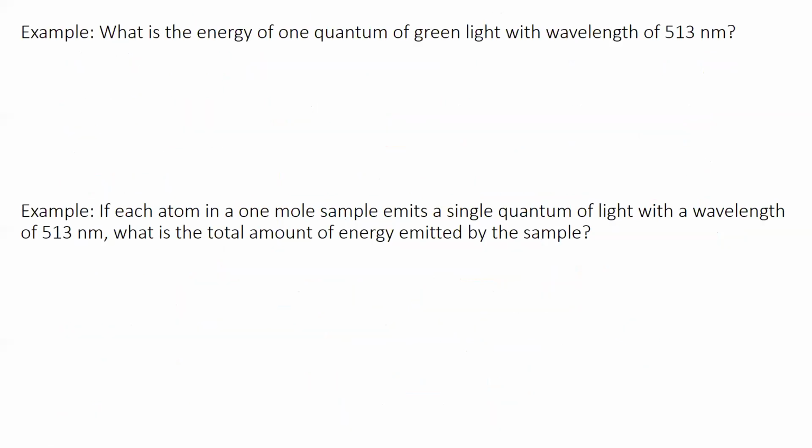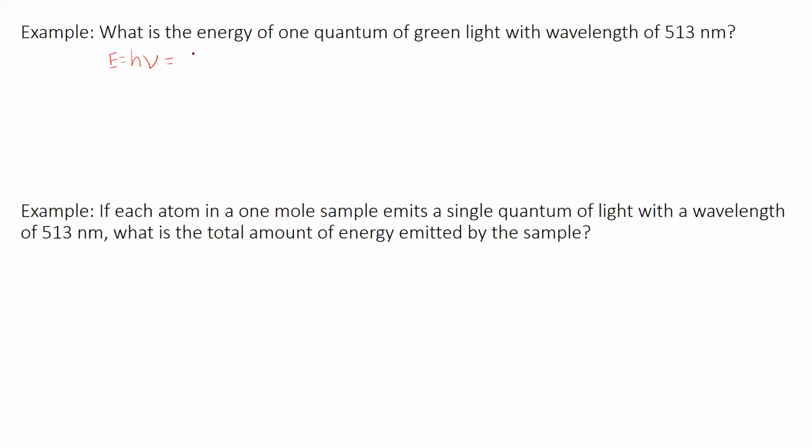Okay, so why is that important? Well, you can start to think about energy from the standpoint of, what if we have just a color of light? What is the energy of one quantum of light of that color? And so for that, we can do a simple calculation where we say the energy is equal to h nu.